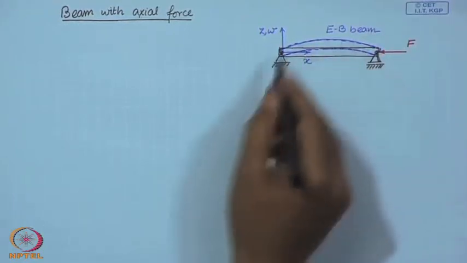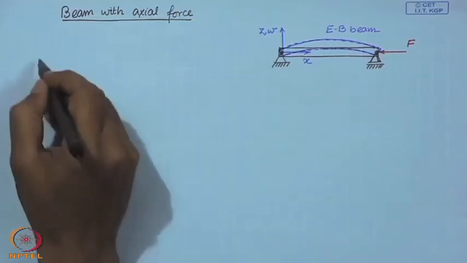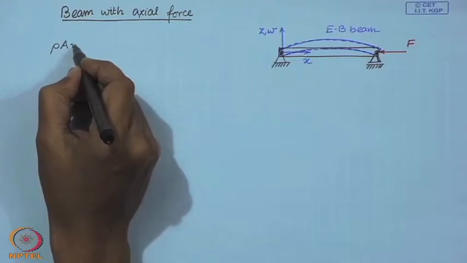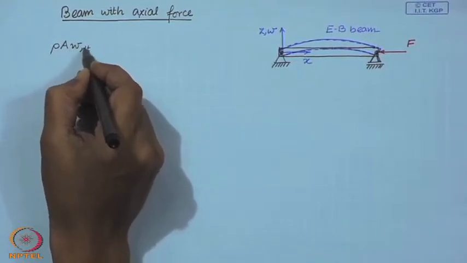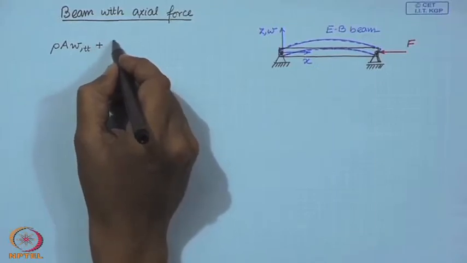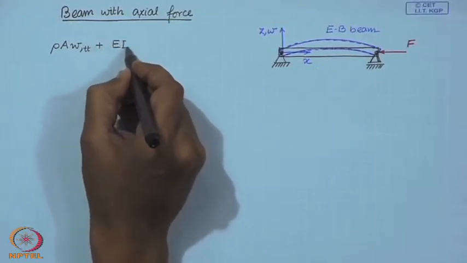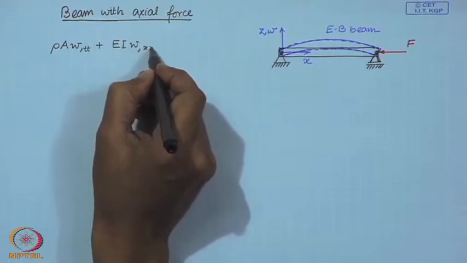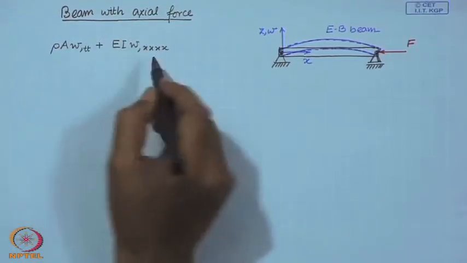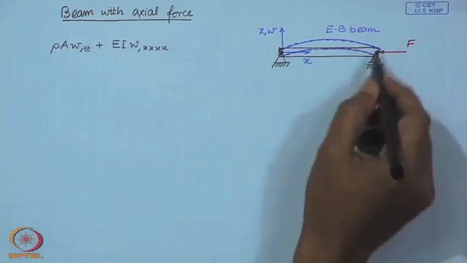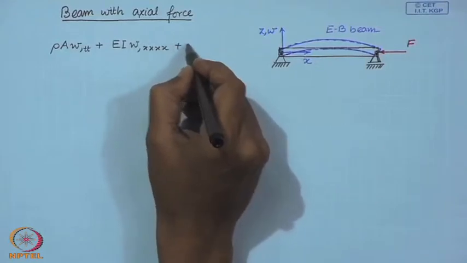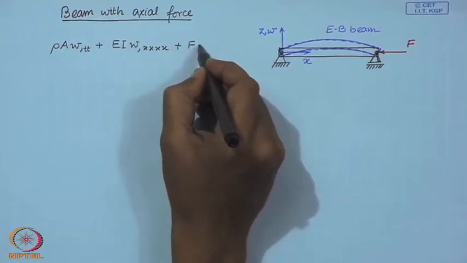So, the equation of motion for this beam with the axial force: these are the two terms for the Euler-Bernoulli beam, and in addition, because of this axial force which is now compressive, we have this additional term.